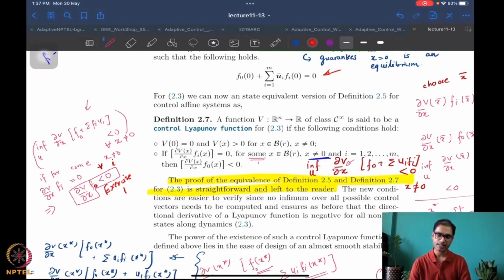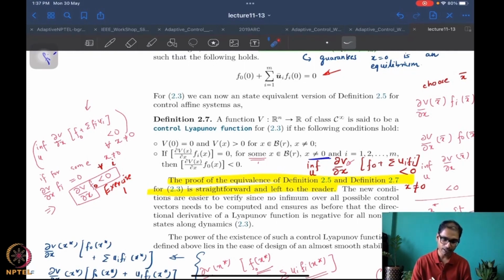So this is essentially what you need from a control Lyapunov function. By the way, I'm not proving it here. The proof is again in these notes, and I will post these. If you're interested, you can look at the proof, but that's not required for the scope of our discussion here.